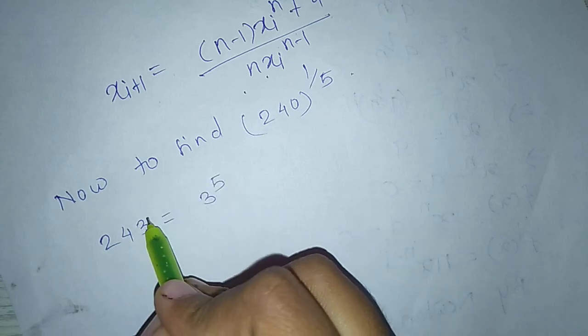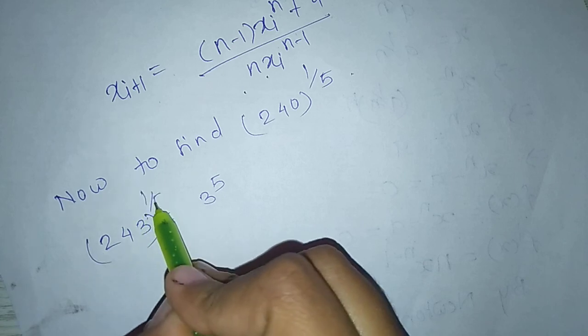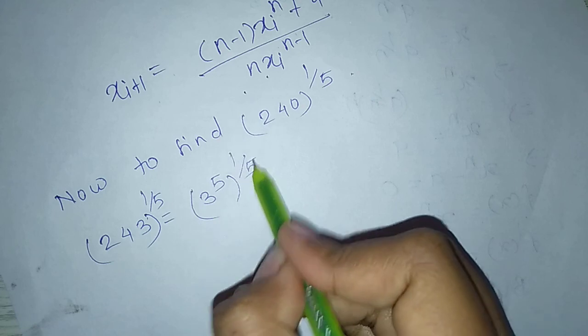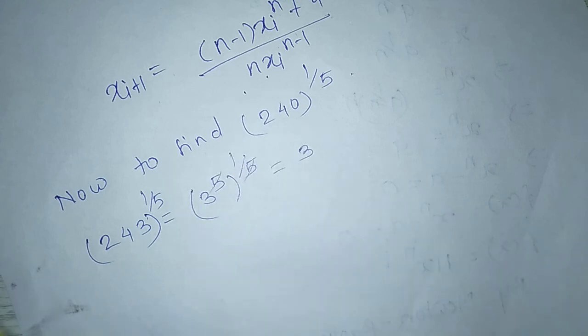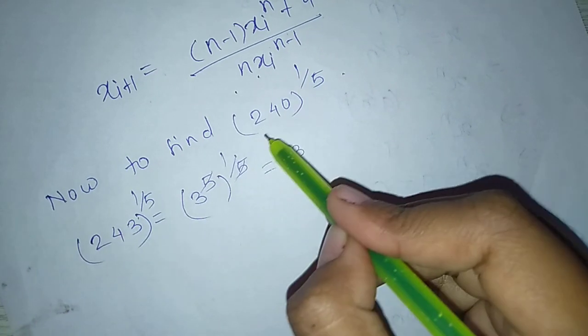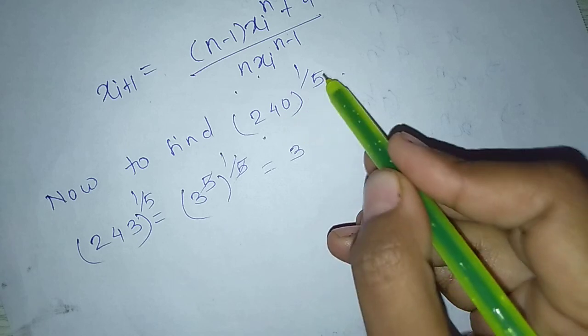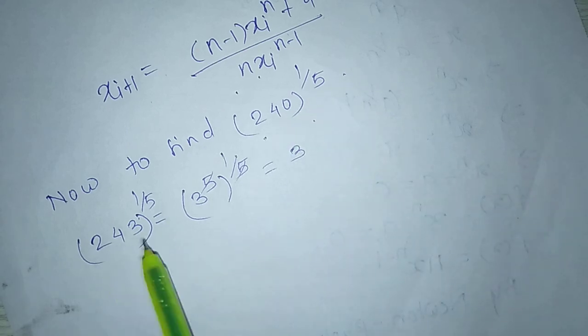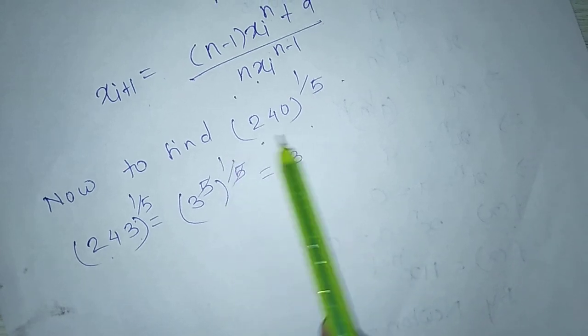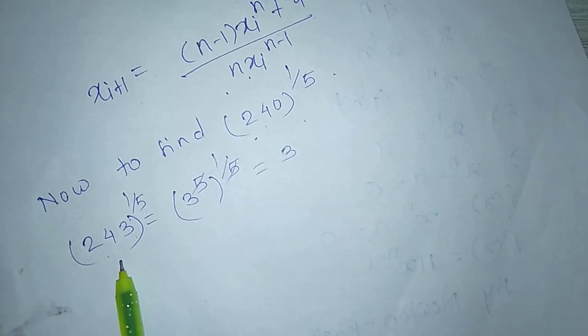So 243 raised to 1 upon 5 is 3 raised to 5 raised to 1 upon 5, the 5's get cancelled, equal to 3. That means the fifth root of 243 equals 3. Here we have to find the fifth root of 240.